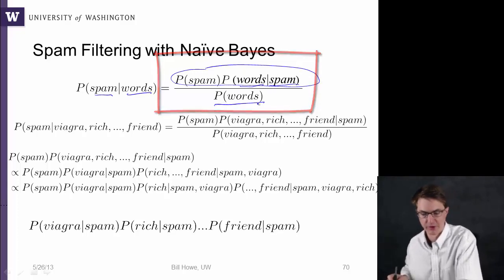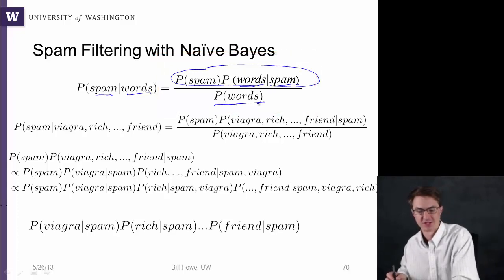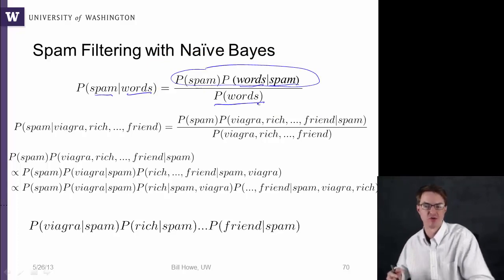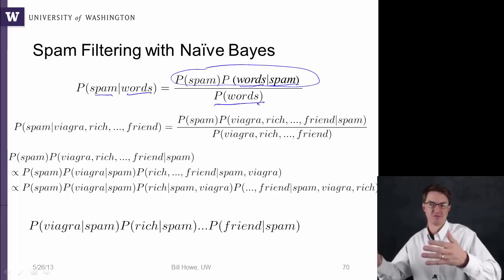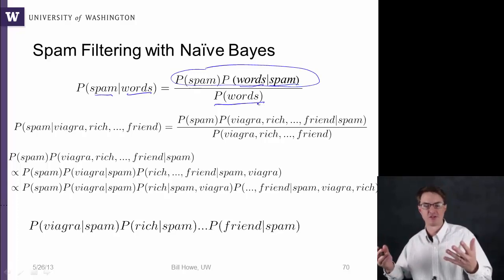The probability of words appearing doesn't involve the unknown label of whether it's spam or not, and all we're trying to do is get a relative frequency of spam or not spam. So dividing by a constant factor of the probability of seeing these words doesn't change our decision at all. We don't care about the actual number, we just care about the decision of spam or not spam.